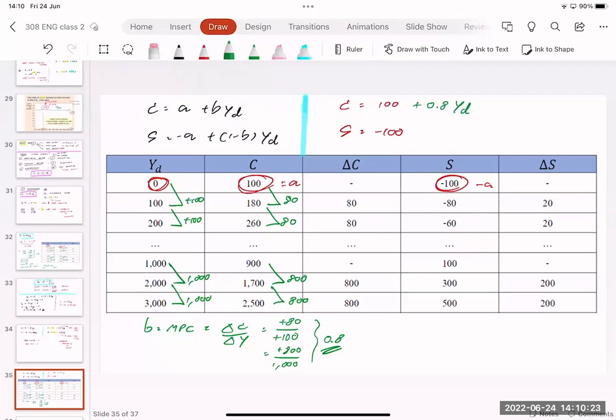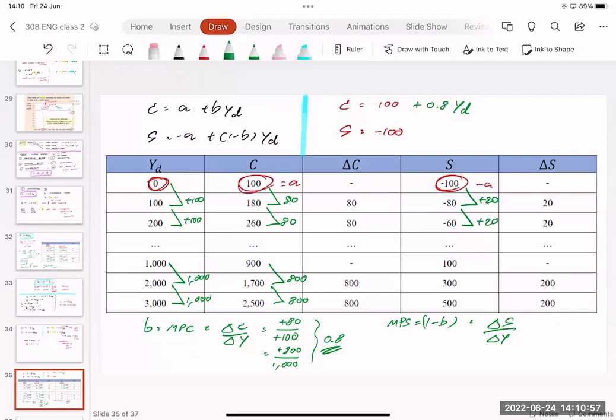How about MPS or 1 minus B? MPS or 1 minus B equal to delta S over delta Y. When you have more income for 100, you borrow less, from minus 100 to minus 80. You have less debt, so it's like you save more. This one is also plus 20.